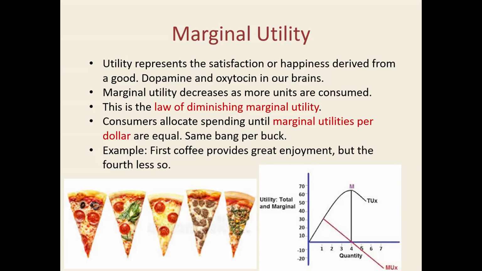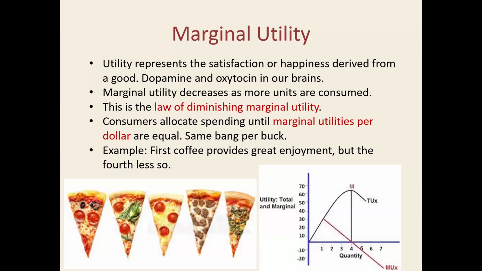So we can think of this in a graph. Here we have the total utility, that curvy black line on the top. The first slice of pizza gives us a lot of enjoyment. And if we can directly measure enjoyment, it looks like we're getting about 30 units of utility from that first slice.